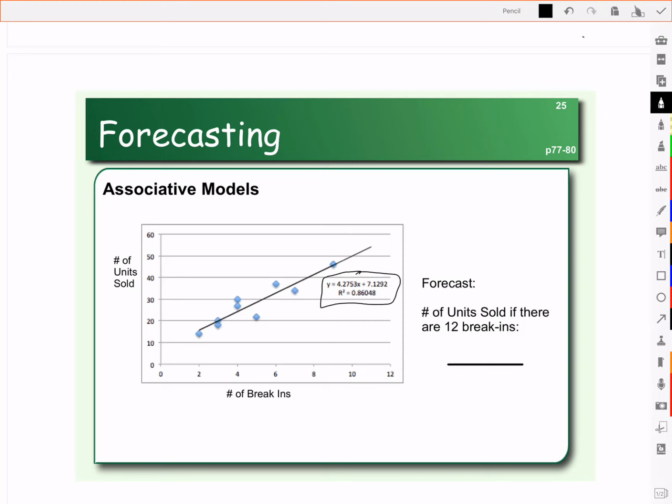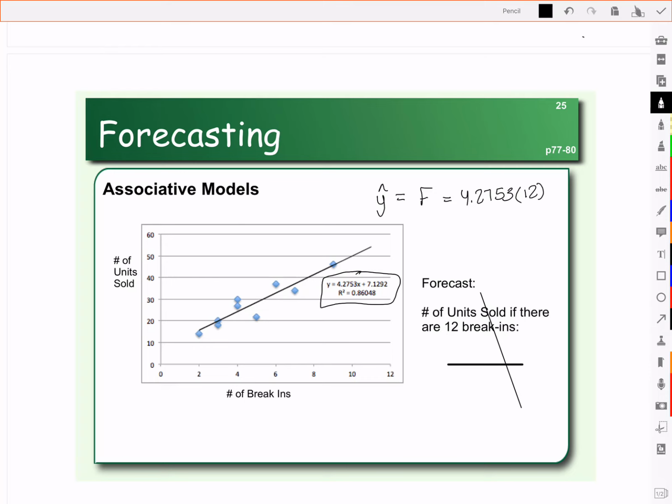Now that we have this formula, we can use the formula to forecast the number of units sold. So here, we're trying to forecast, okay, and we can use a y hat for our forecast, and that's going to be equal to 4.2753, and then we have x, which is a placeholder, not for time, but this time it's for the number of break-ins.